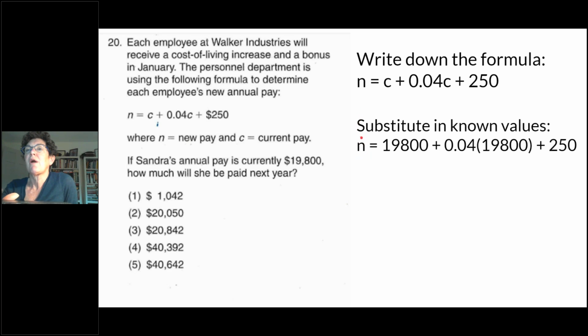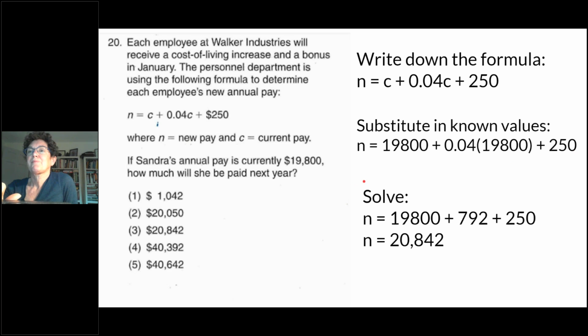We know we're looking for our new pay. How much will she be paid next year? Then we substitute in what we know. Current pay, $19,800 plus 4% times 19,800 plus 250. And now we do the arithmetic. We solve. Notice that I solved this first and wrote that number down.